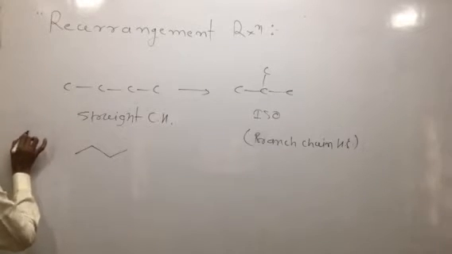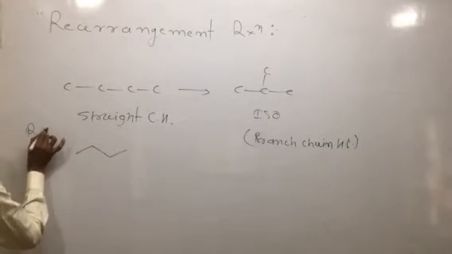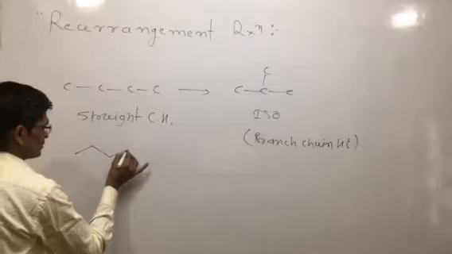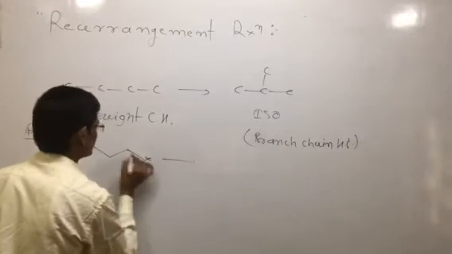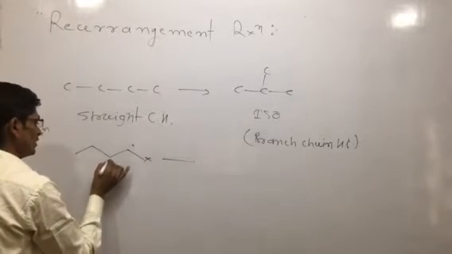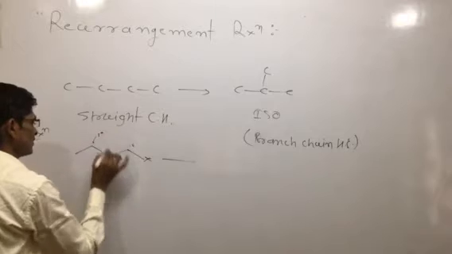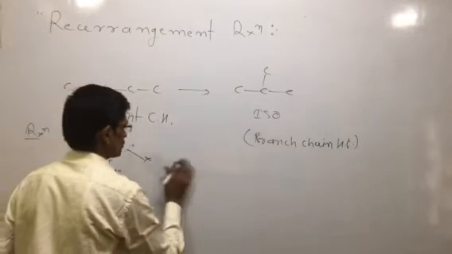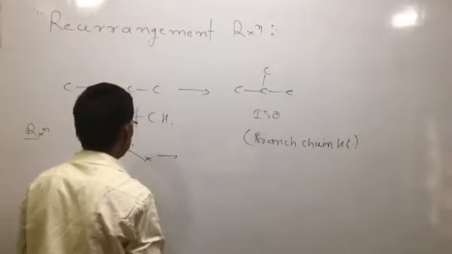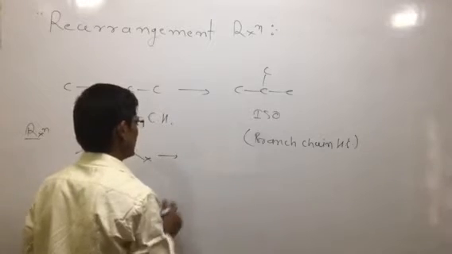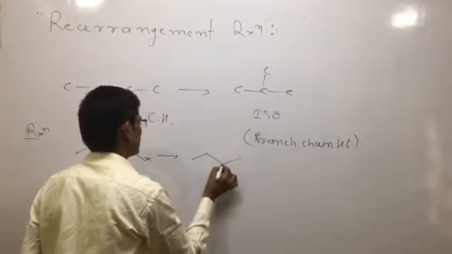Here we can talk about the general reaction. This is the primary alkyl halide, and this compound contains a secondary carbon atom. Whatever the possibility for this type of alkyl halide, it is converted into secondary.